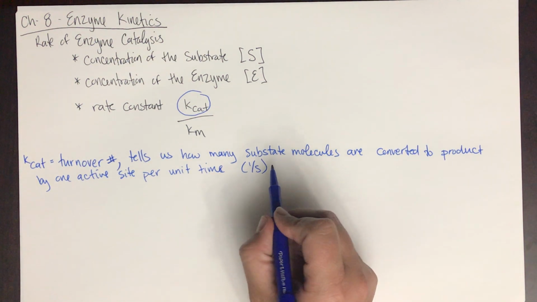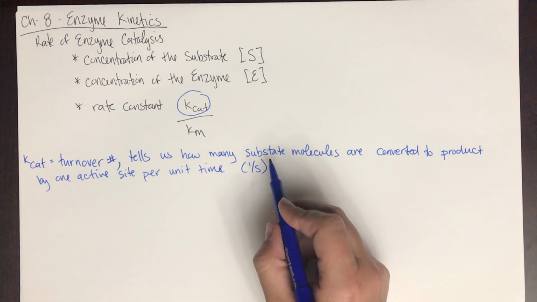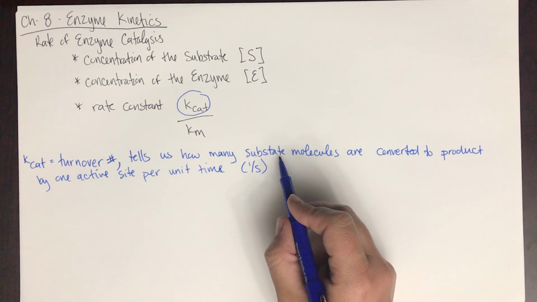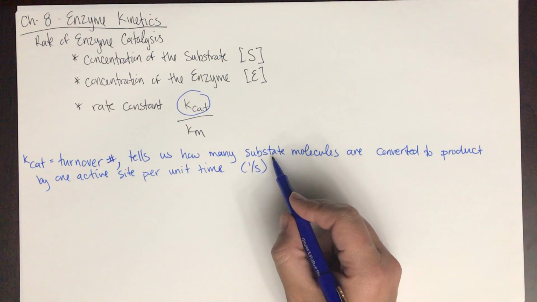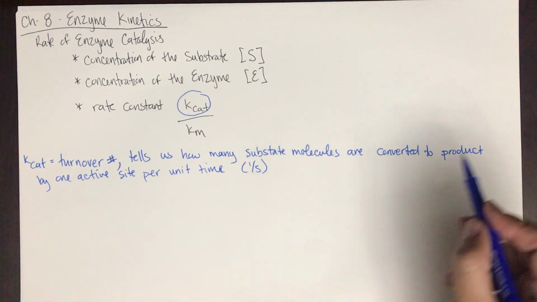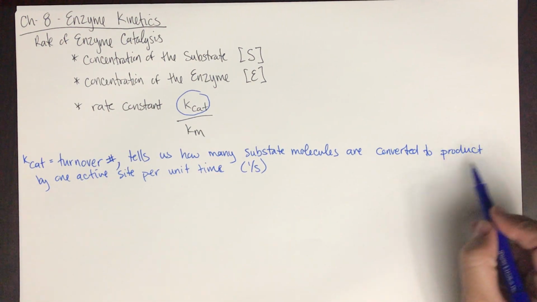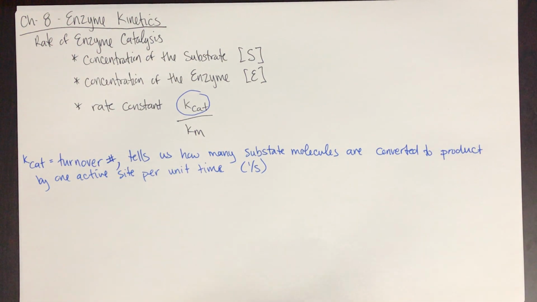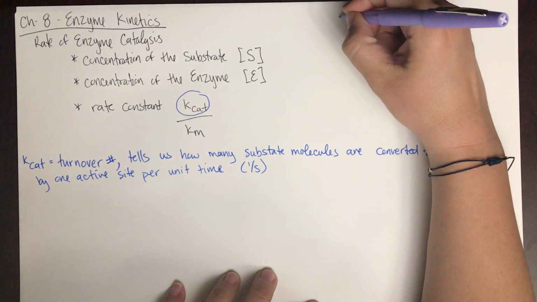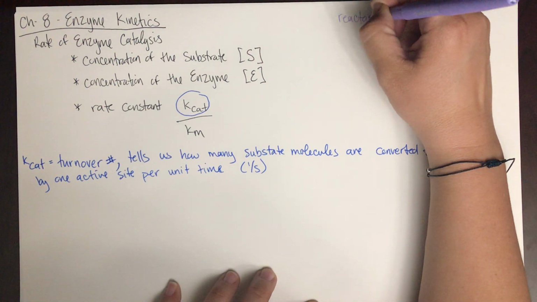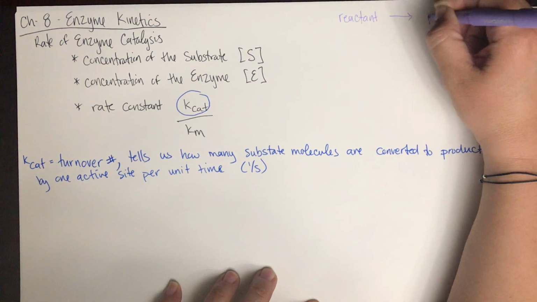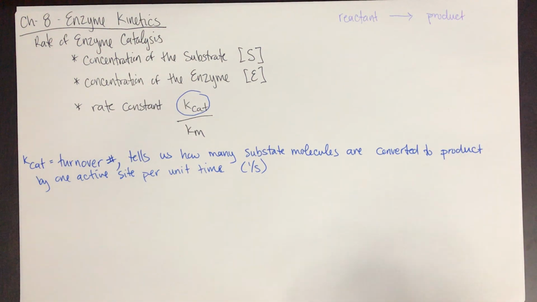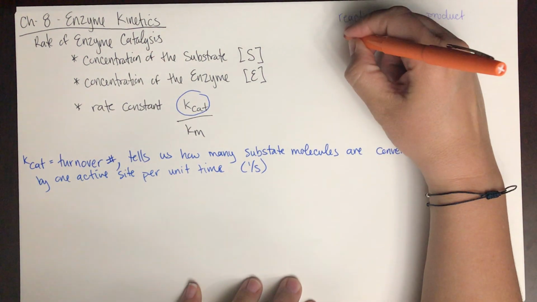So remember, in biochemistry and sometimes biology, we talked about the reactant as being called the substrate. So this is the starting material, and we still call the end result the product. So remember, in chemistry, you're used to something like this. And in biochemistry, you're going to see it written like this.